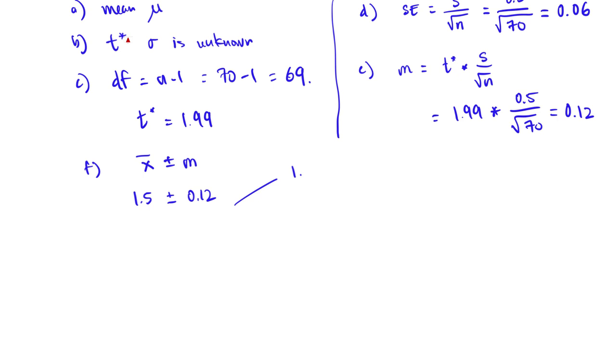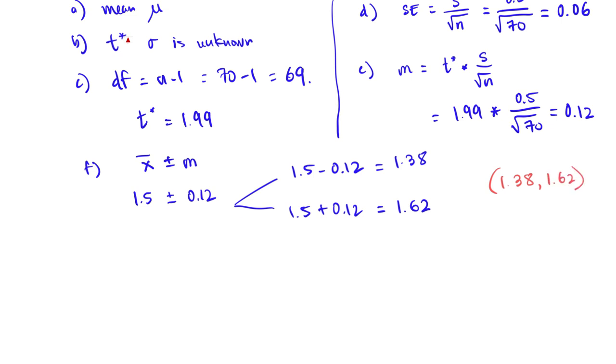There are two computations here. One is 1.5 minus 0.12 and the other is 1.5 plus 0.12. 1.5 minus 0.12 is 1.38 and 1.5 plus 0.12 is 1.62. And so the confidence interval is 1.38 as the lower bound and 1.62 as the upper bound.